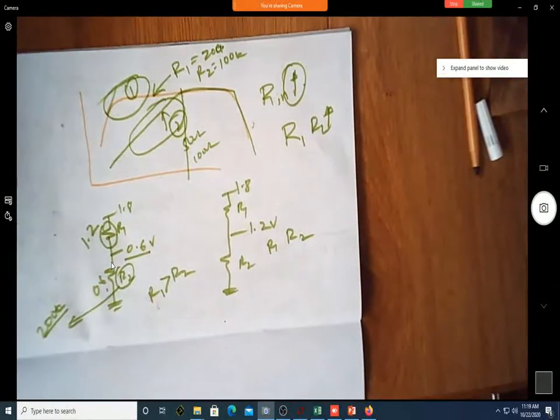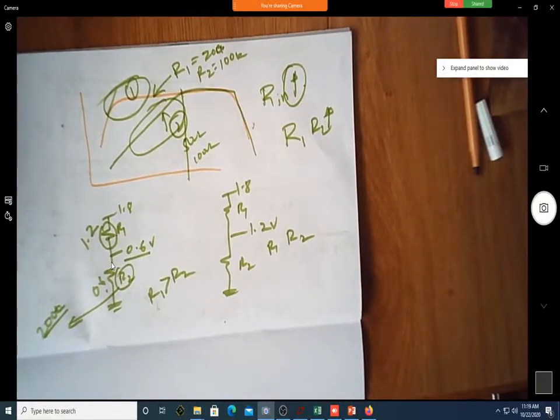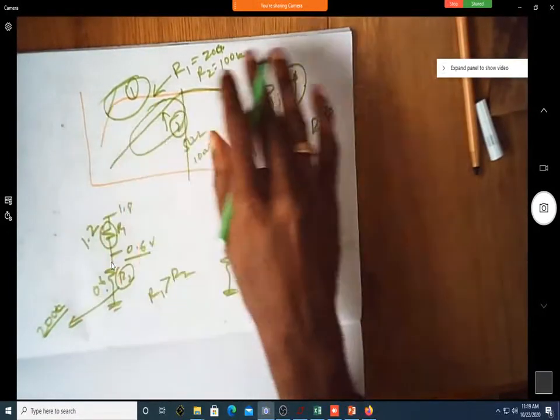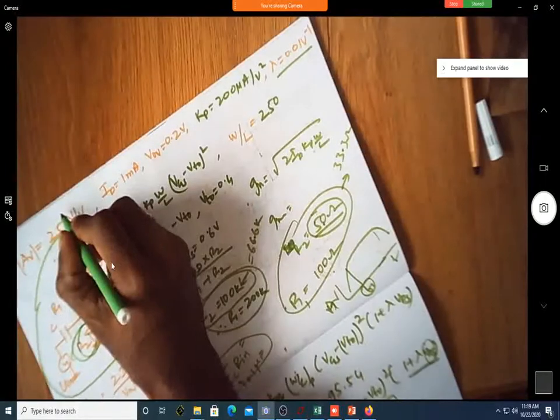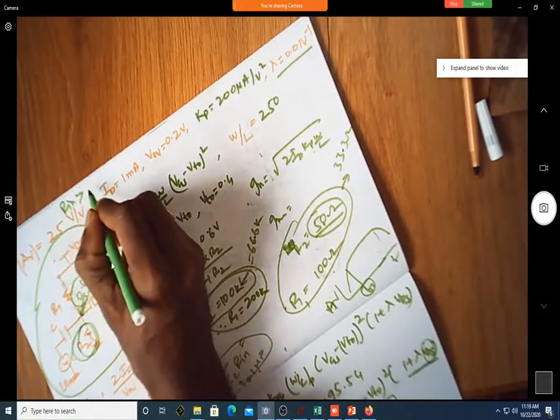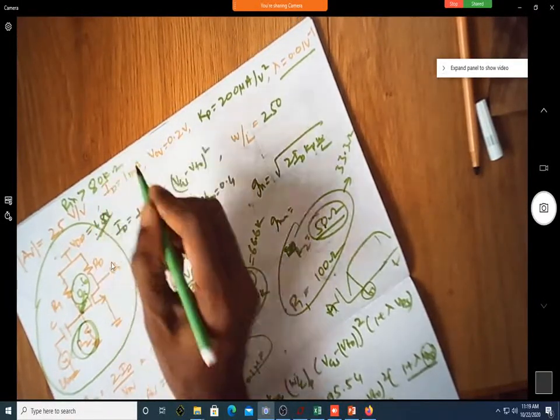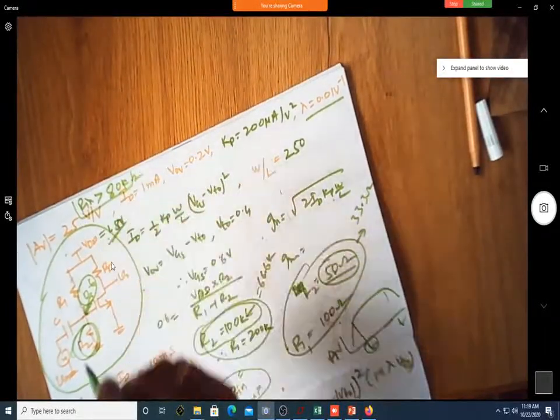So that's why, maybe in one of the problems we said that the input impedance has to be more than 50 kilo ohms. Suppose in this particular example I have asked that R in should be greater than 80 kilo ohm. Assume this is one more condition.